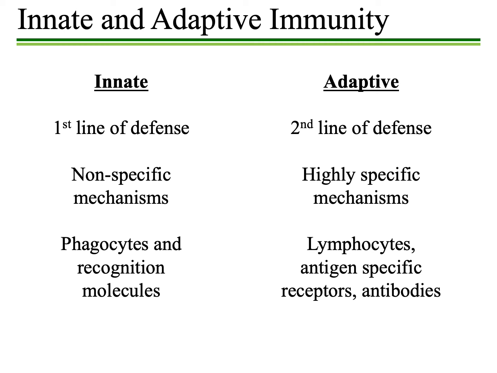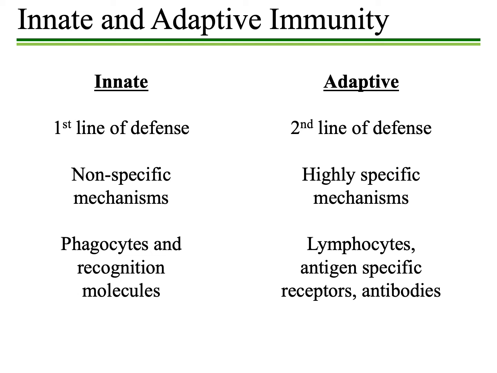The main cell types involved in the innate immune response are phagocytes, as well as additional molecules that play a role in recognition. The innate immune response is present before an infection takes place. It's always present, ready and waiting to be able to detect a potential infection. The response time is typically immediate, can occur within minutes or hours, and there is no memory component associated with the innate immune response.